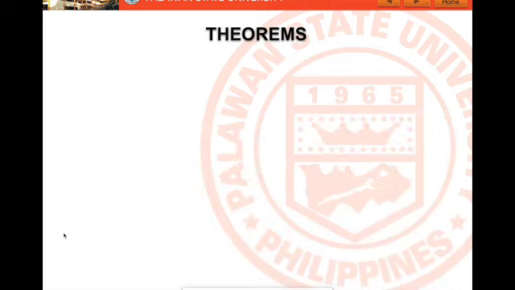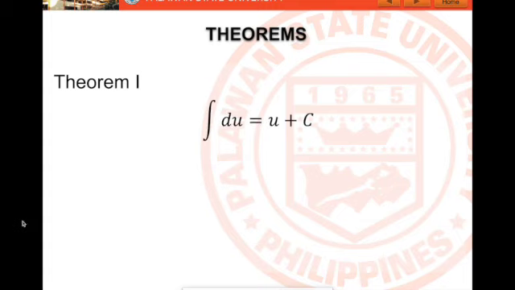The first theorem is the same thing as the first equation I showed you, just with a changed variable, which is u. So the integral of the derivative of u must be equal to u plus the constant of integration.